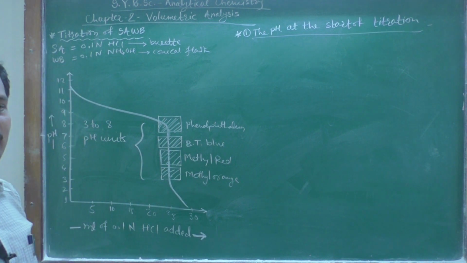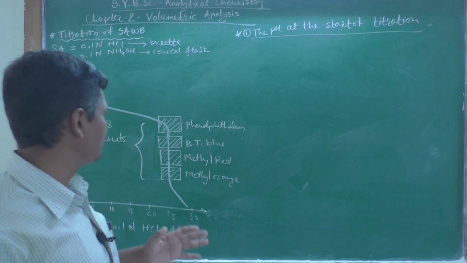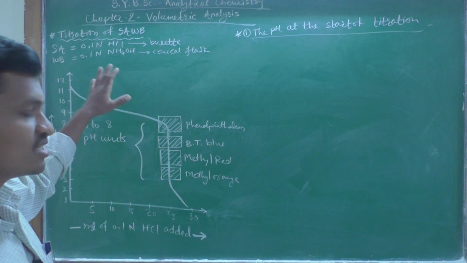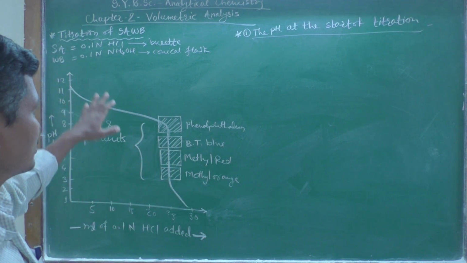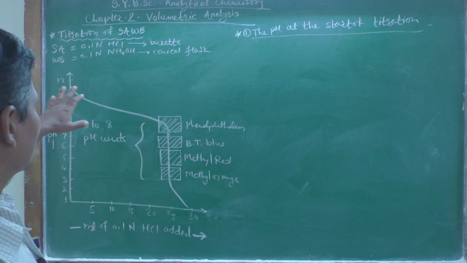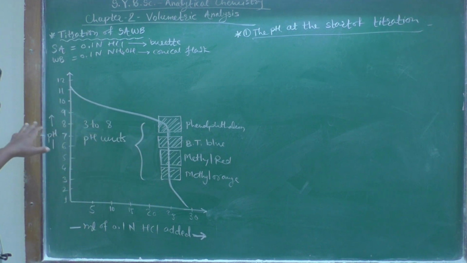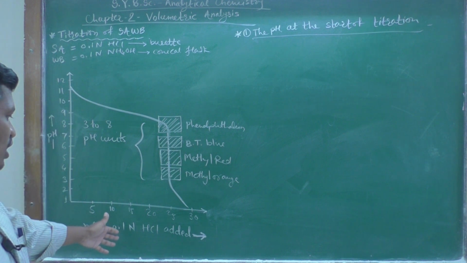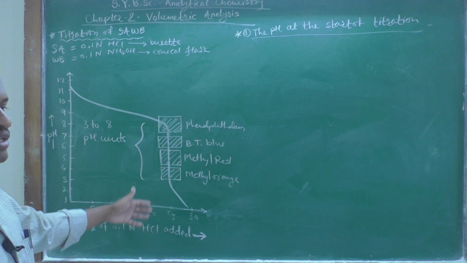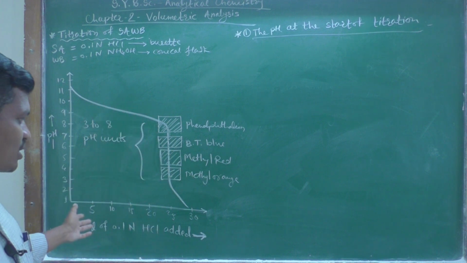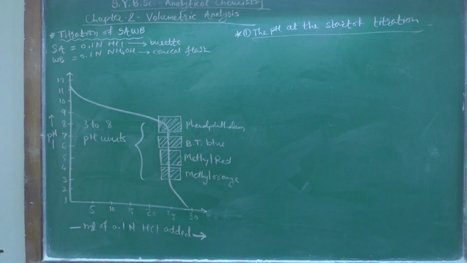Now the nature of the graph of this titration is shown here. I have drawn the graph in which pH is taken on the y-axis and the volume of hydrochloric acid that we are adding from the burette is taken on the x-axis.